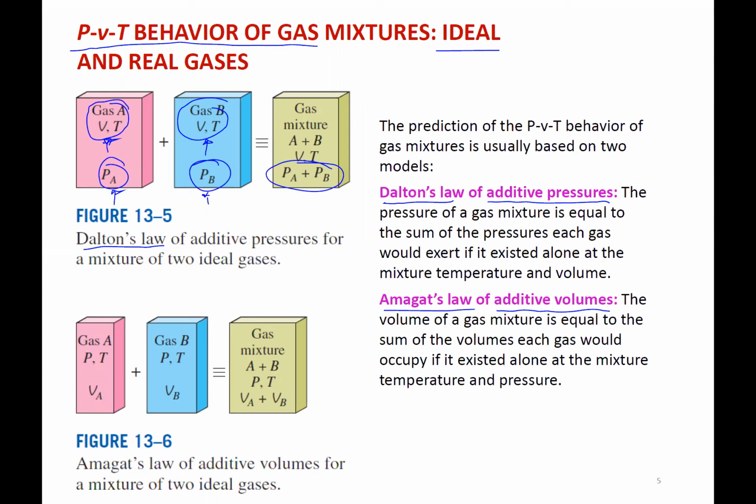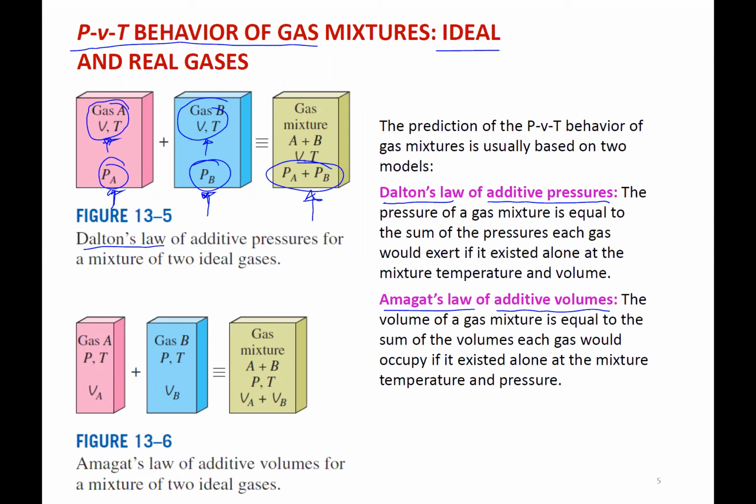So you have the partial pressure of the air and the partial pressure of the water vapor, and that gets you the total pressure of the room. So if your room is 100 kPa, it's the partial pressures of the individual components added up to 100 kPa.